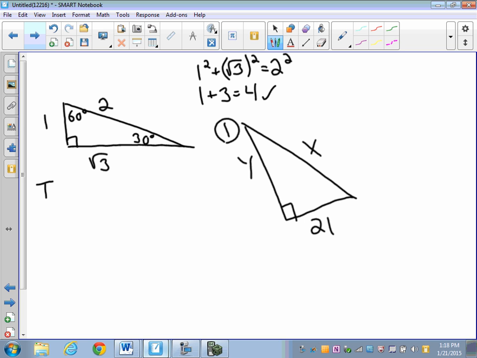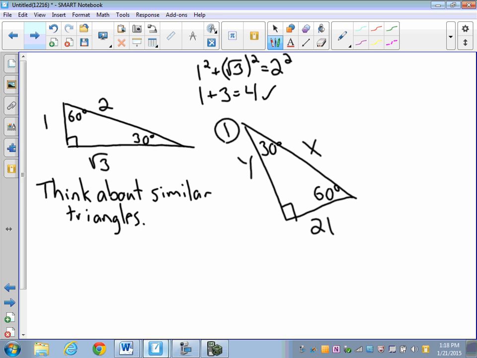So again, think about similar triangles. These triangles are similar by angle, angle. They have two angles that are the same, so they're similar by angle, angle, similarity.